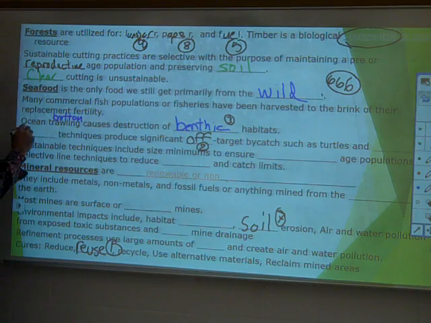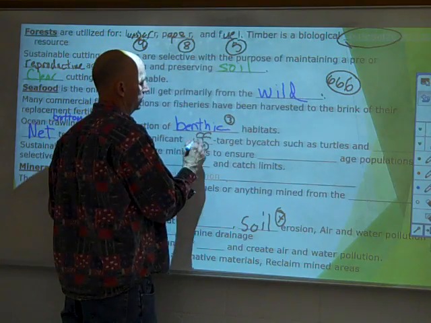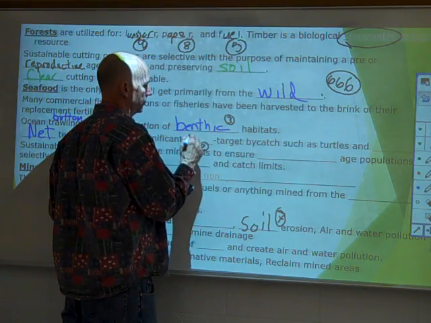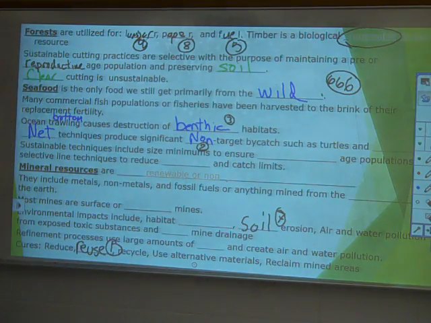Net techniques in general tend to have more, the technical term is non-target. Tend to collect a lot of the fish that you're not trying to catch. They're not edible, or they're not supposed to be caught. They're regulated because they're endangered.